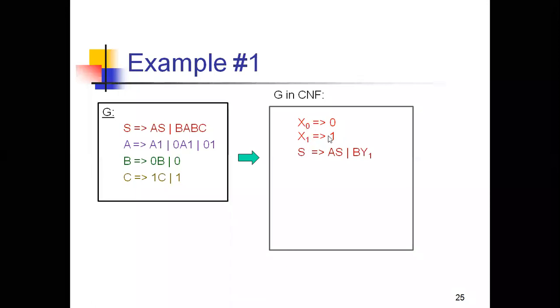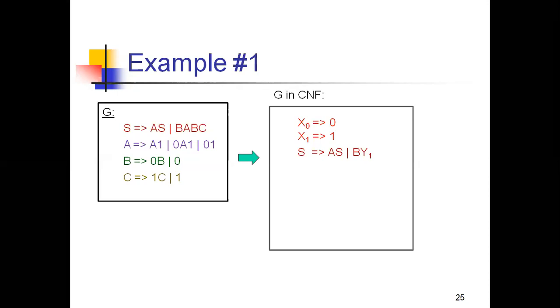And X1 for 1, because the terminals are zeros and ones, and initially itself I defined a new variable X0 and X1. So wherever you are having a 0, just keep it as X0. Wherever you are having a 1, just keep it as X1, right?